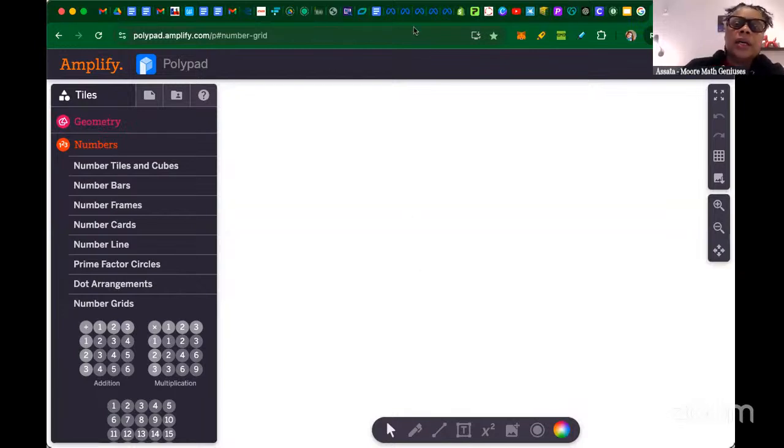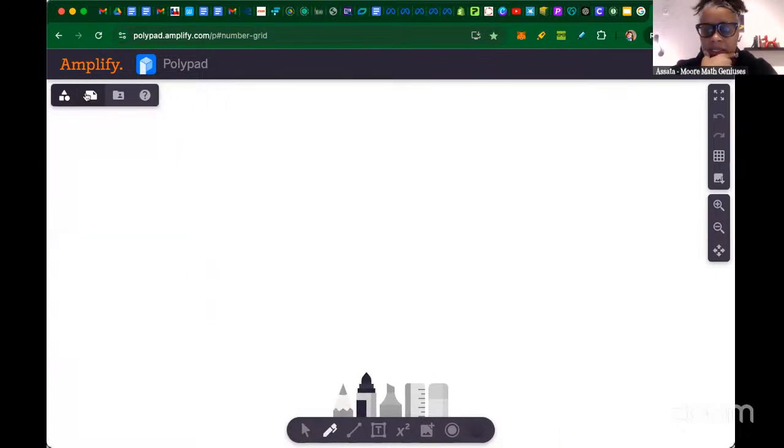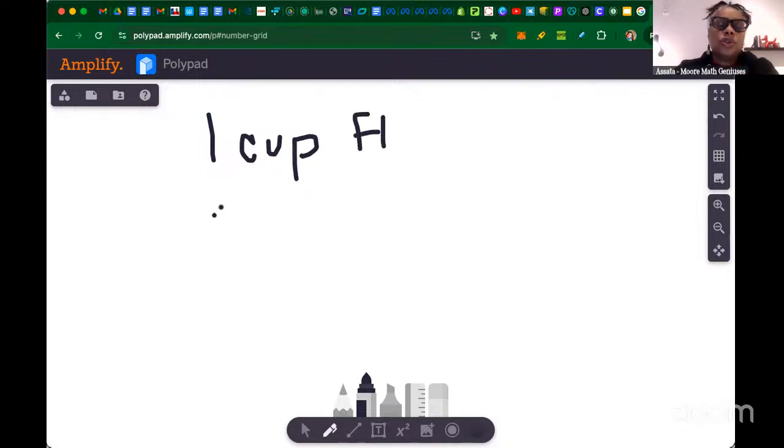All right. So let's say that you have a recipe that says, in order to make these cookies, for every 1 cup of flour, you must use 2 teaspoons of sugar.